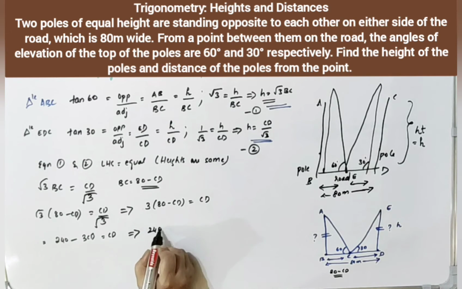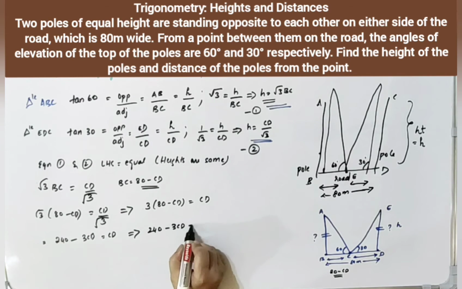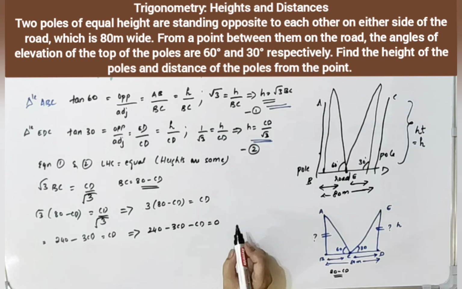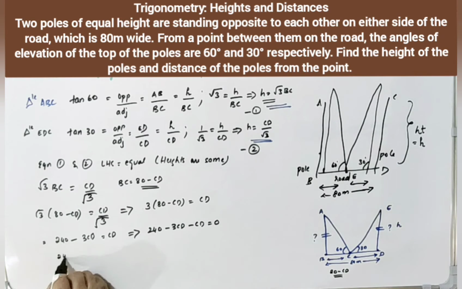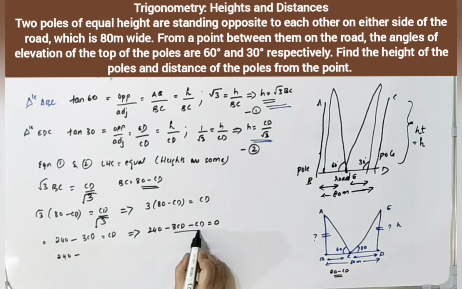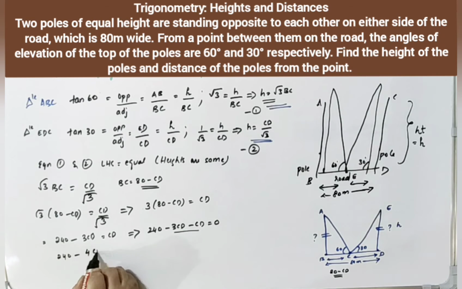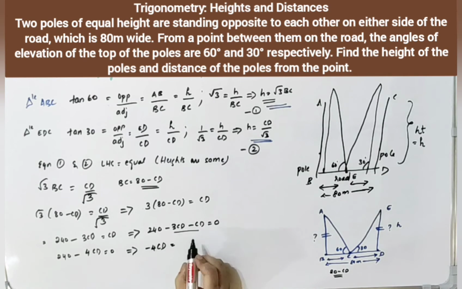So we'll get 240 minus 3 CD minus CD is equal to 0. This is 240 minus 4 CD is equal to 0. Let's take 240 on the other side, it will become minus 240. Minus and minus will get cancelled.